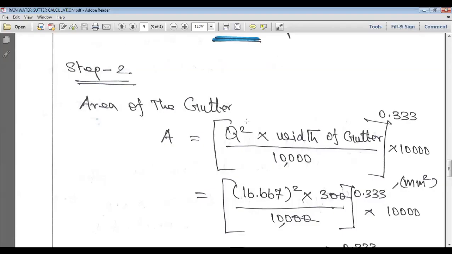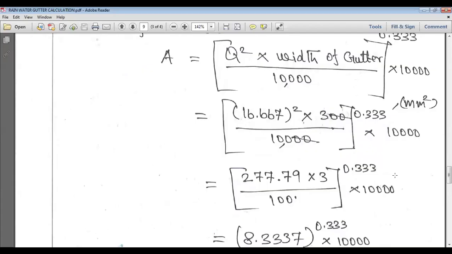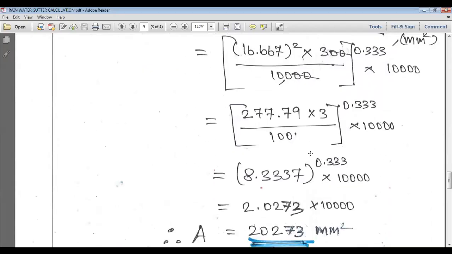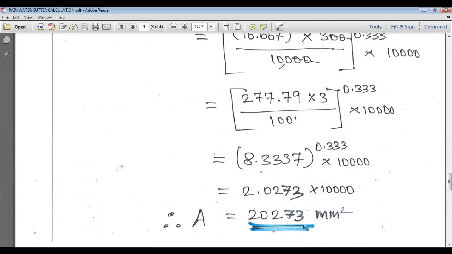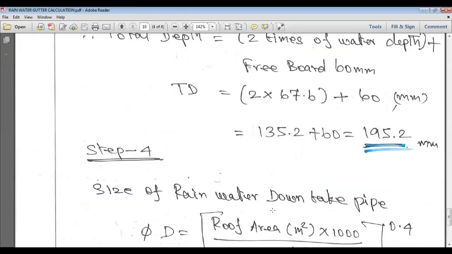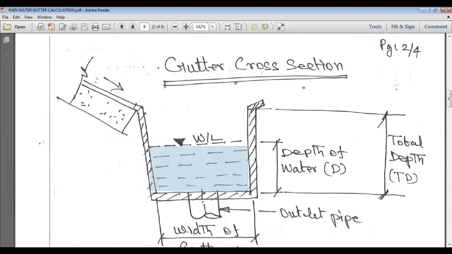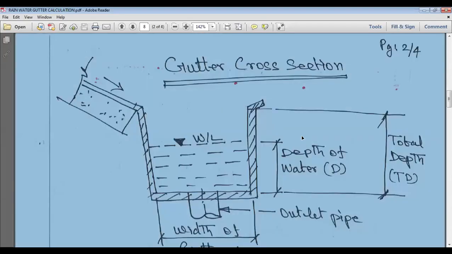Applying the flow rate and the assumed width of 300, after solving we get 20,273 mm square. This is the gutter area we are getting. From this, we will calculate the other sizes.